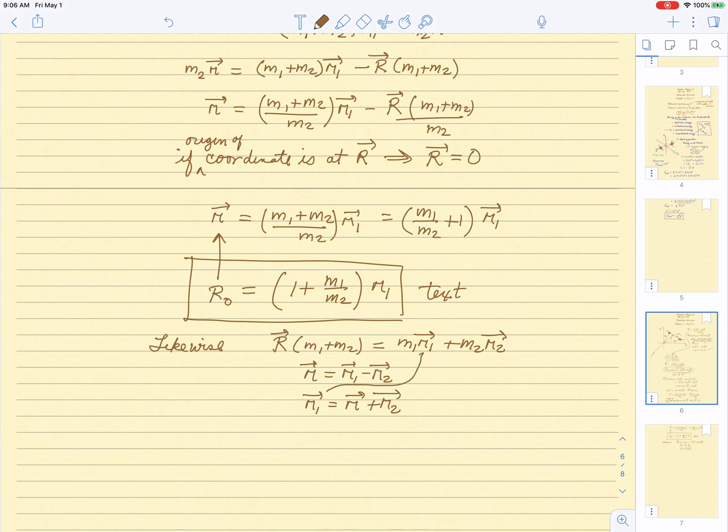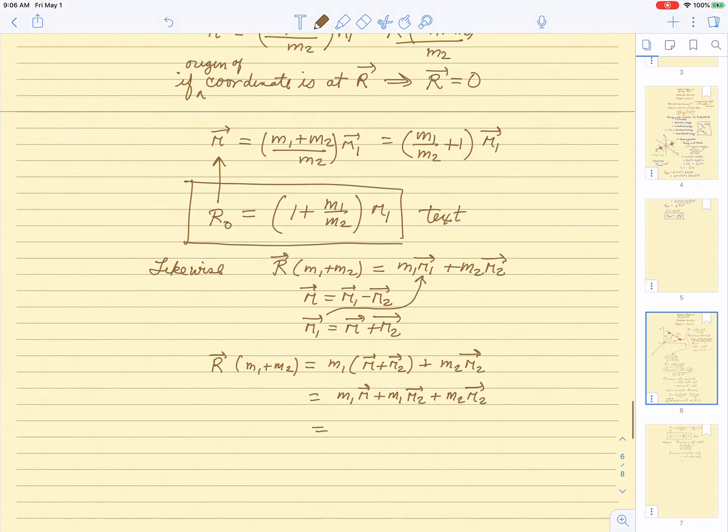And then this can be substituted into there. And so we would have then R times M1 plus M2 is going to be equal to M1 times R plus R2 plus M2 R2, distributing in the M1: M1 R2 plus M2 R2.